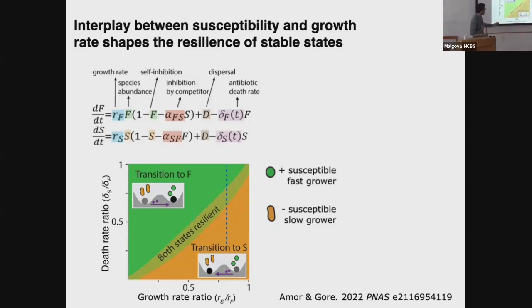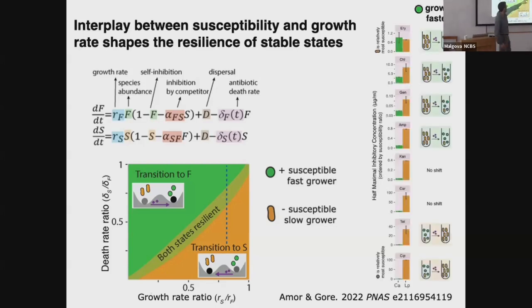And actually, this recapitulates what we observed experimentally, that for a given ratio of our two species, as we increase the susceptibility, or as we decrease the ratio of these death rates, favoring the slow grower, which is the second species, then we will cross the different phases in a particular order.